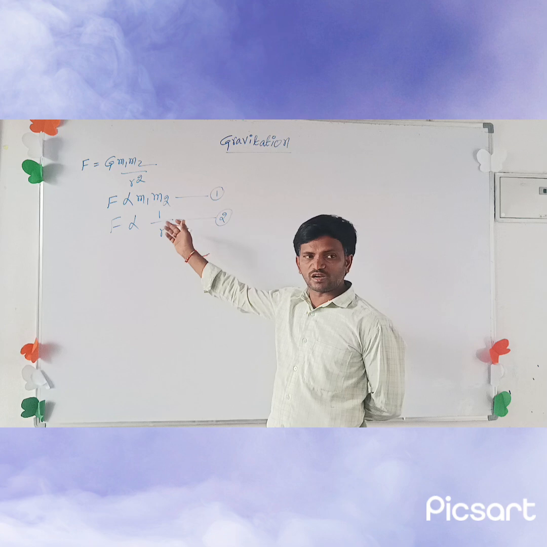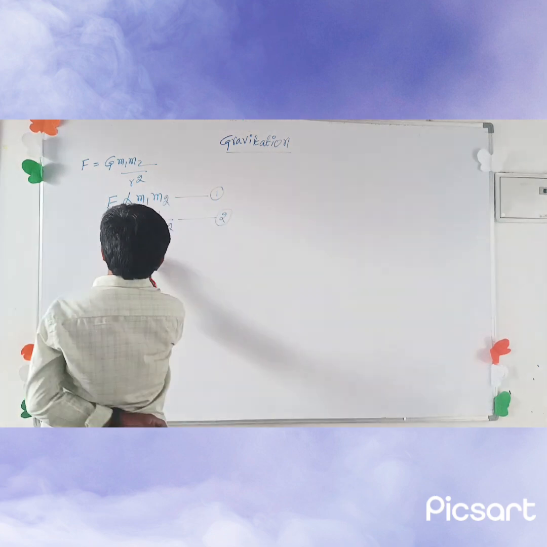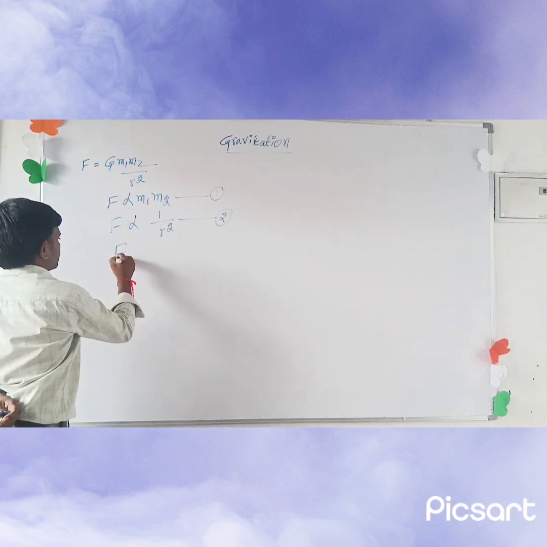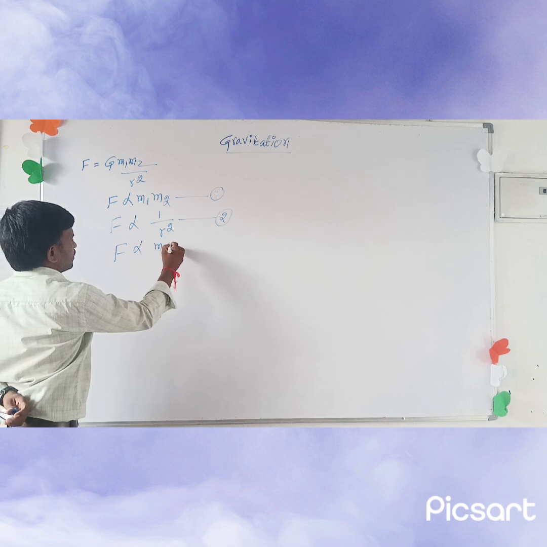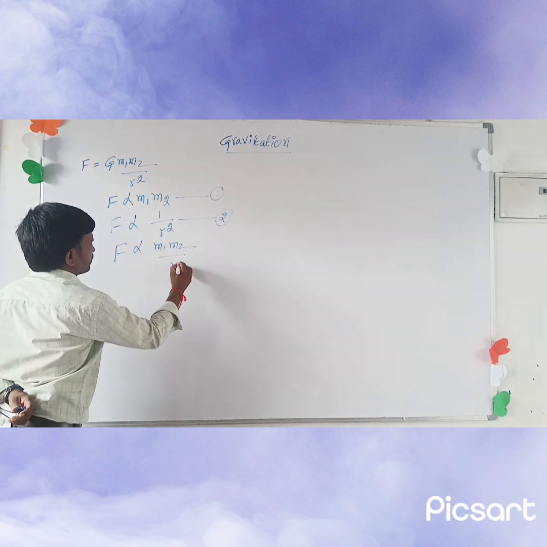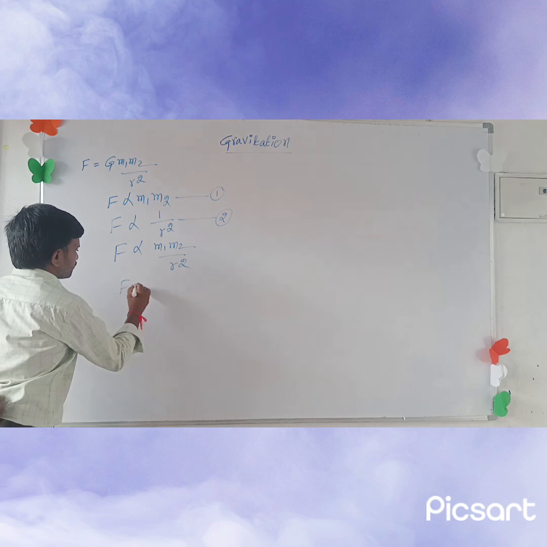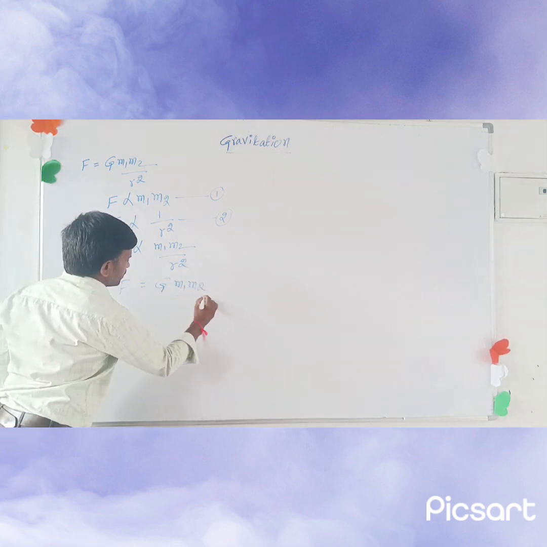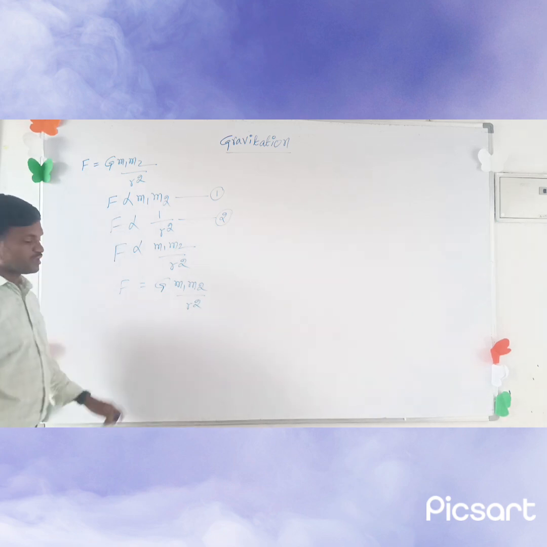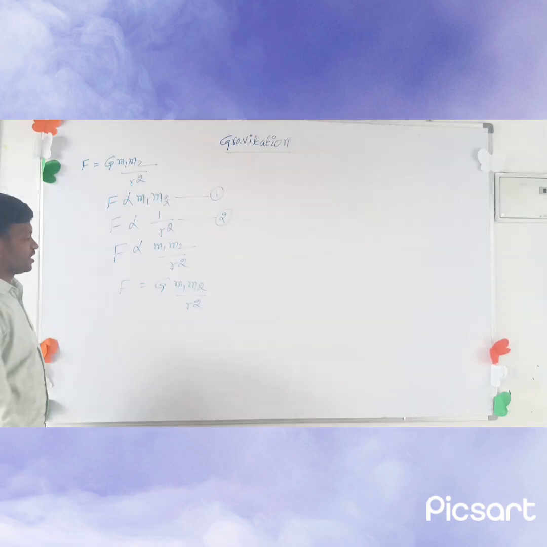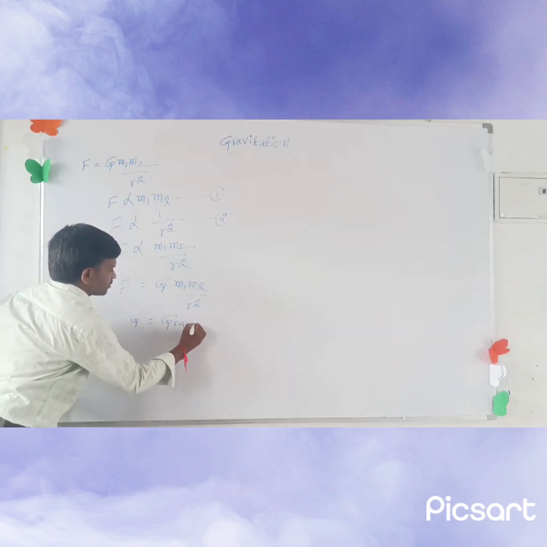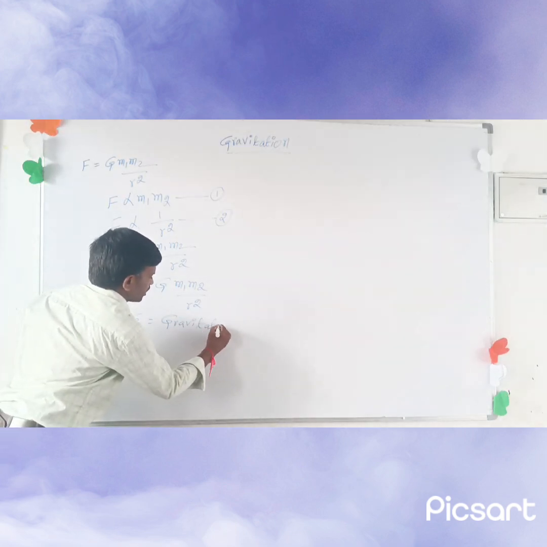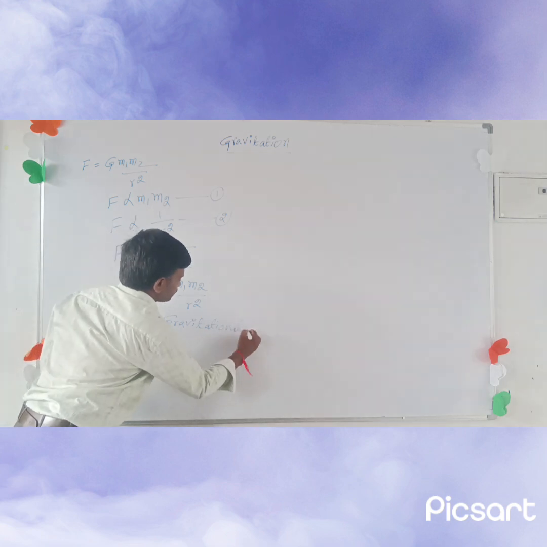From equation 1 and 2 we get F is directly proportional to M1 M2 by R square. F is equal to G into M1 M2 by R square. Here G is called gravitational constant.